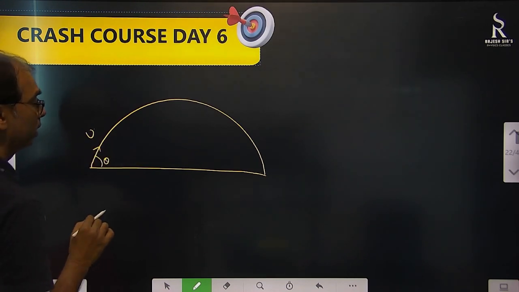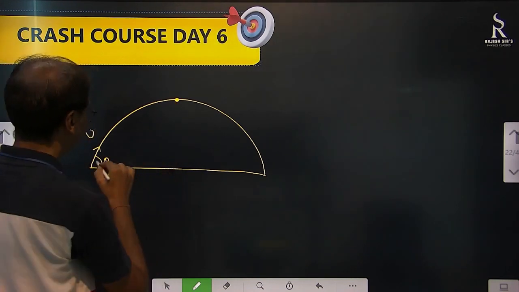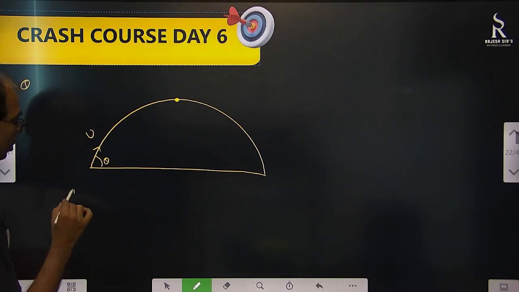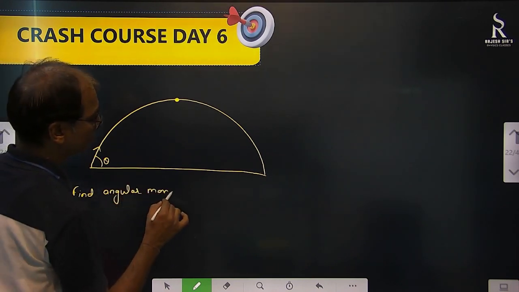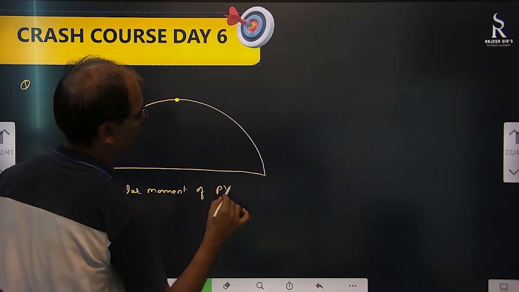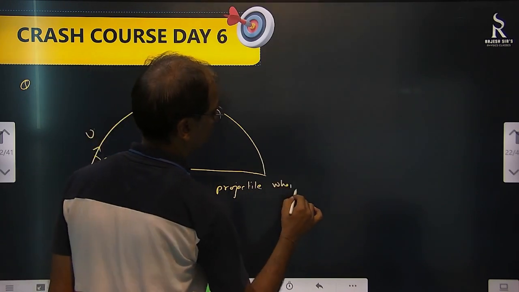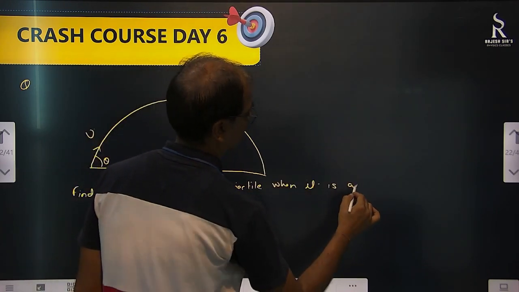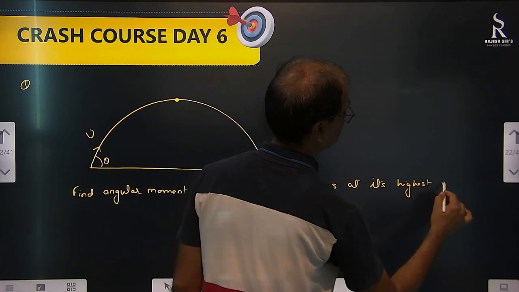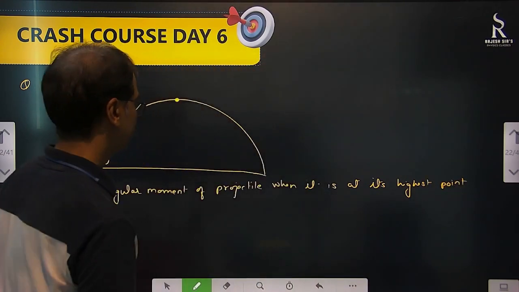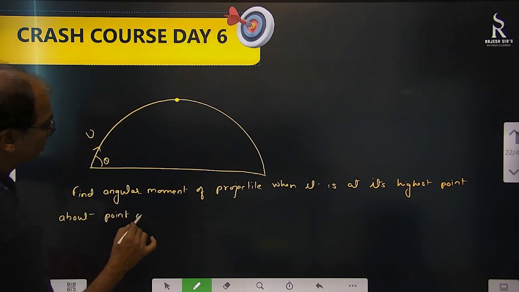Now if I say, find the angular momentum of this projectile when it is at its highest point, about the point of projection.